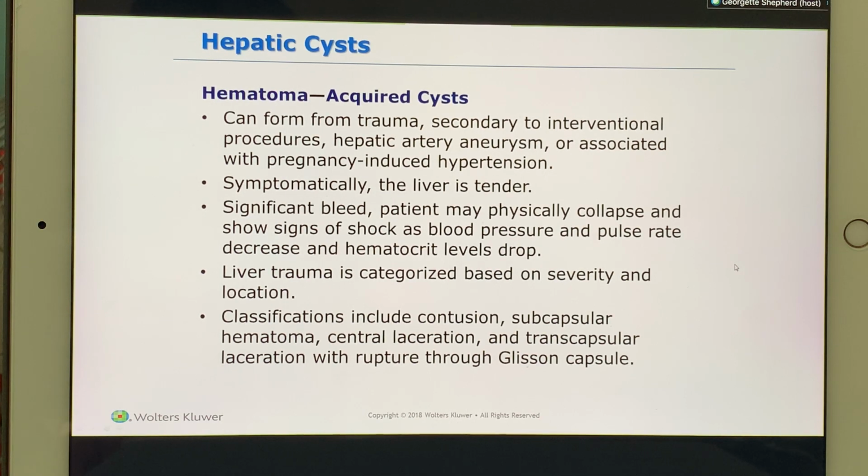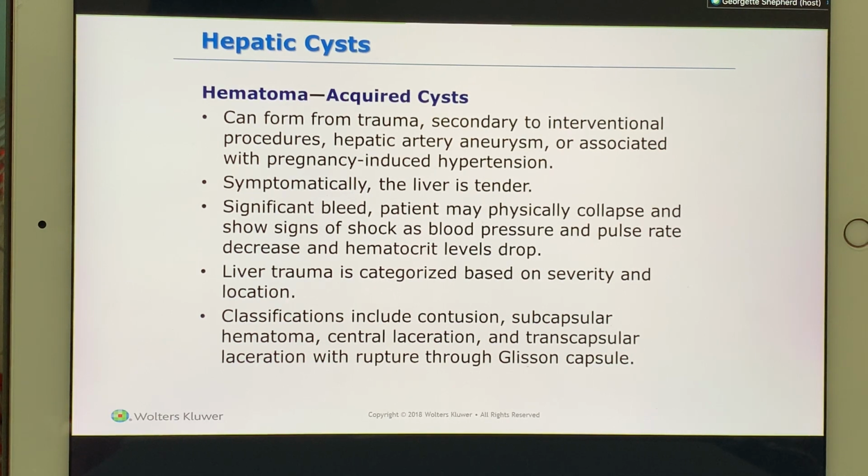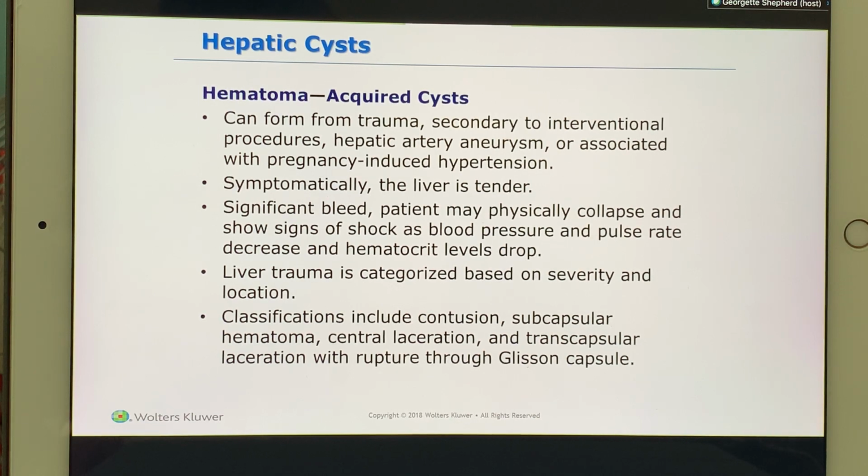Hematoma. It's usually due to trauma, or it's secondary to an interventional procedure such as a liver biopsy. It could happen due to a hepatic artery aneurysm, or it could be due to pregnancy-induced hypertension.